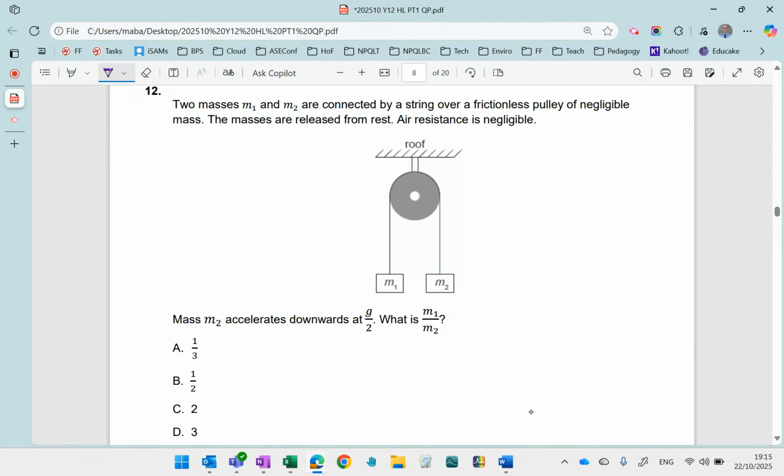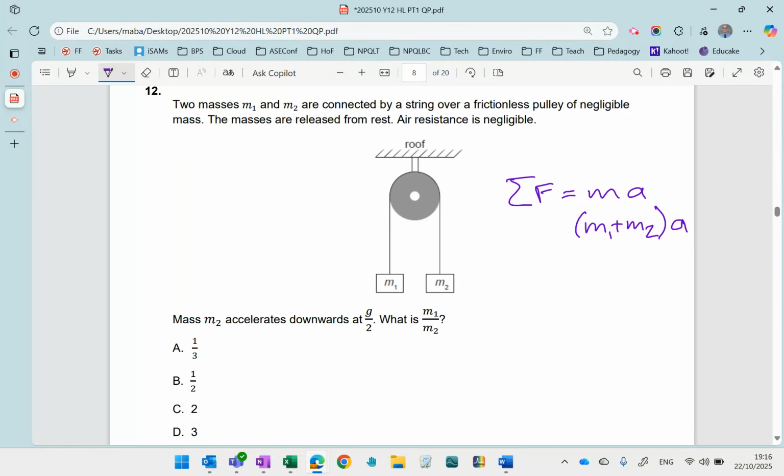Okay, so the idea is that sigma F equals ma, and then we've got to think about, okay, what mass is getting accelerated? Well, m2 is getting accelerated down, m1 is getting accelerated up. So it's actually both of the masses that are going to get accelerated, right? So that's m1 plus m2. Both of those masses get accelerated.